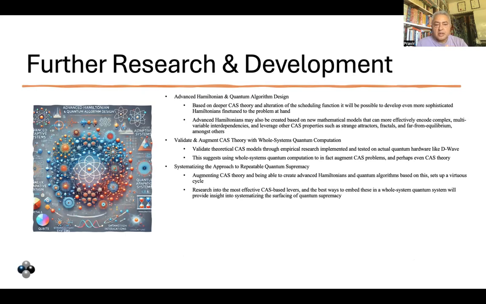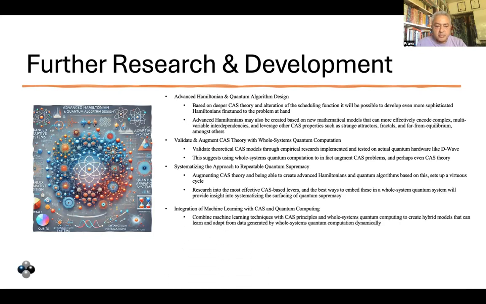Another idea for further development is systematizing the approach to repeatable quantum supremacy. So augmenting CAS theory and being able to create advanced Hamiltonians and quantum algorithms sets up a virtuous cycle. So, stepping back, research into the most effective CAS-based levers and the best ways to embed these in whole systems quantum systems will provide insight into systematizing the surfacing of quantum supremacy.